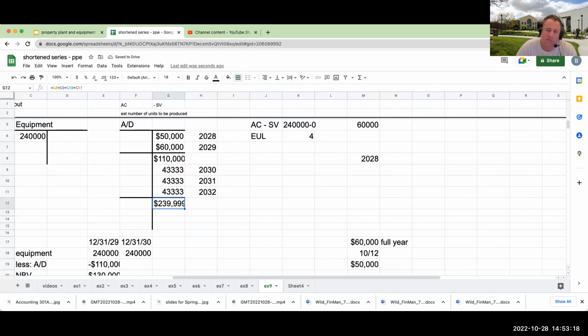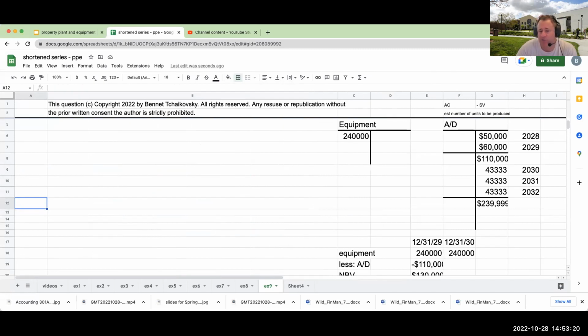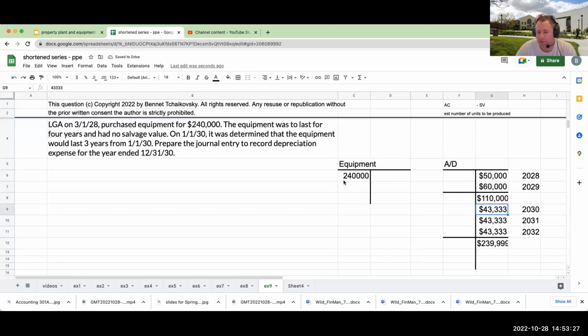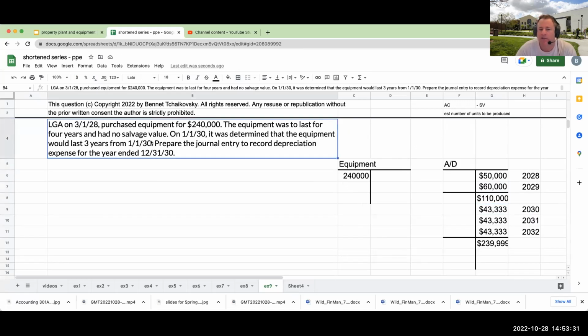I can only take up to the salvage value because the salvage value is 0. I know that this answer is correct. So if I can come up with this answer, just plug it in to make sure it works. Okay, so that's an example where we have a change in useful life or a change in estimate.